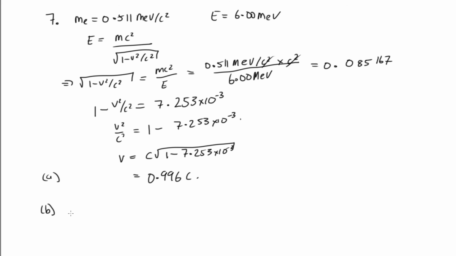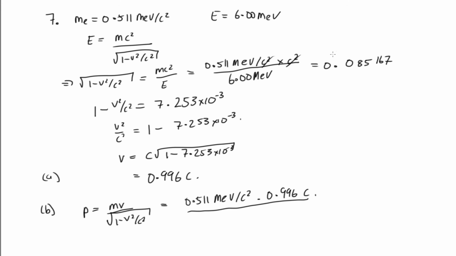Part B asks us to calculate the momentum. So we'll need p is equal to mv over the square root of 1 minus v squared on c squared. Okay. m, that's 0.511 mega electron volts on c squared. v, that's 0.996 c.